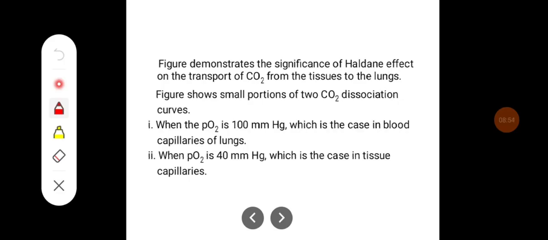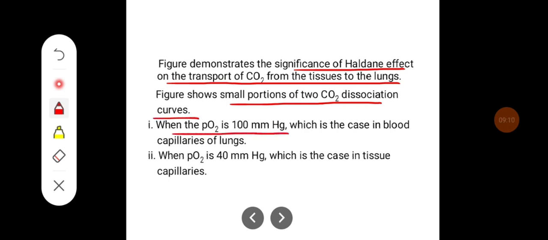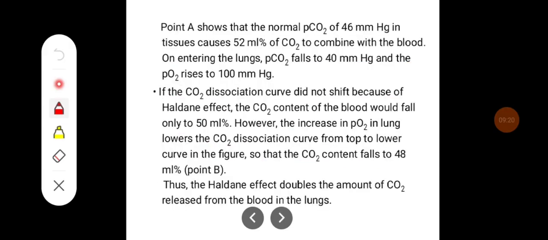So the figure demonstrates the significance of Haldane's effect on the transport of carbon dioxide from tissues to the lungs. This shows a small portion of 2 carbon dioxide dissociation curves when PO2 is 100 mmHg, which is the case in blood capillaries of the lungs, and PO2 40 mmHg, which is the case in tissue capillaries. Point A in this diagram shows that the normal PCO2 of 46 mmHg in the tissues causes 52 ml percent of carbon dioxide to combine with the blood.